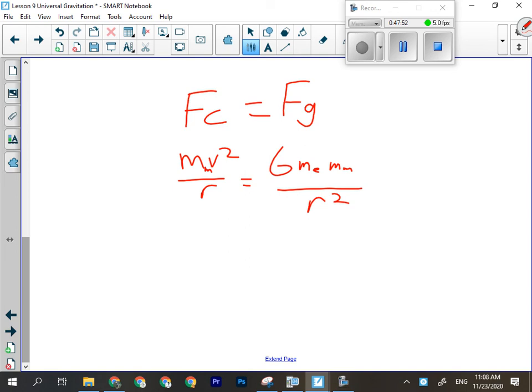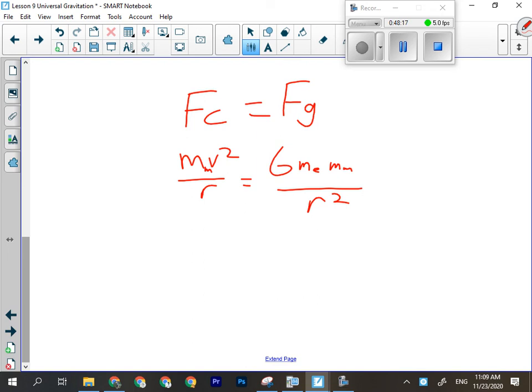And what's going to happen to that orbiting mass? It's going to cancel. That's an important thing to understand. It cancels because all masses fall at the same rate. Here on the Earth's surface, all things fall at 9.81 meters per second squared. That idea doesn't change just because of how far away I go.